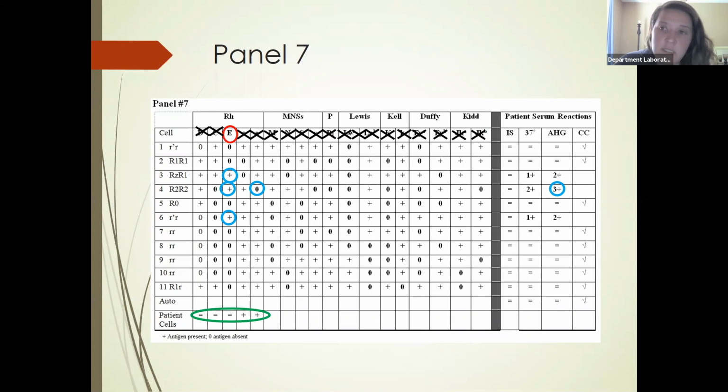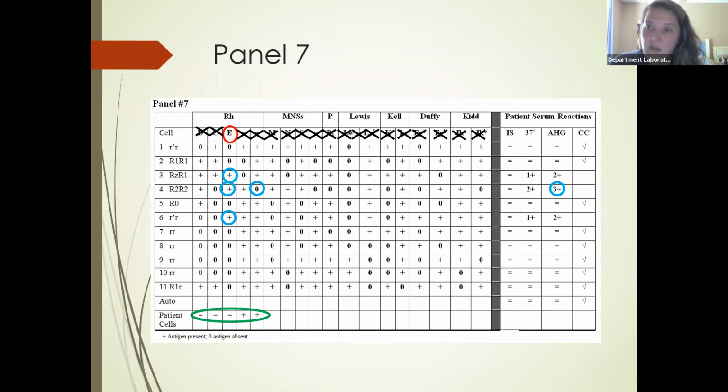All right, notice at the bottom of this chart, this panel, you're given the phenotype of your patient. One of your questions asks, what is the potential Rh genotype of your patient?